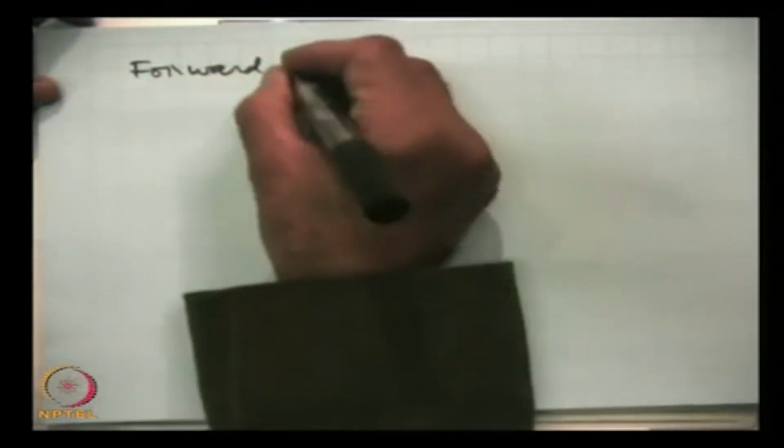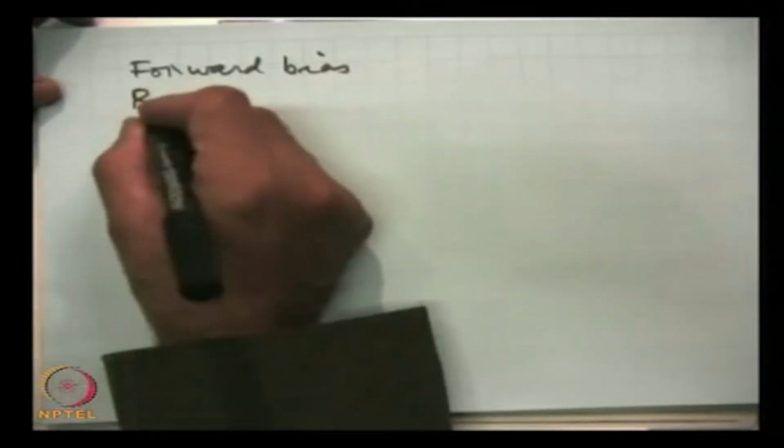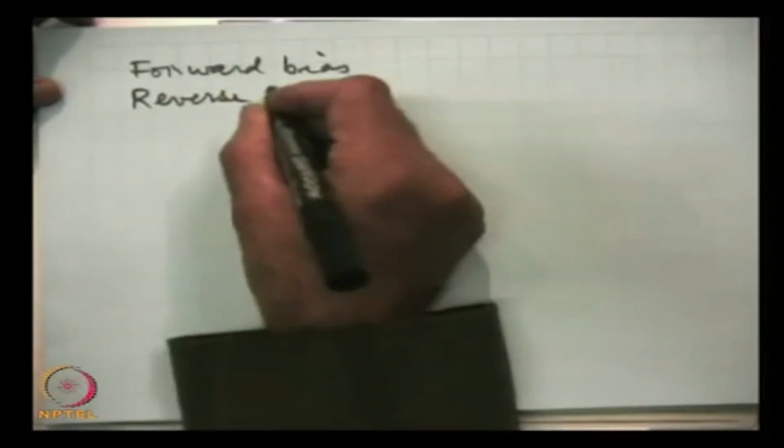One is called forward bias, the other is called reverse bias. Forward bias is when we connect the positive terminal of the DC source to the p type semiconductor, and the negative is connected to the N side. That is, this is the situation.